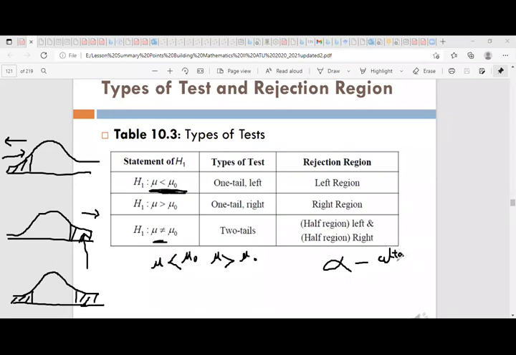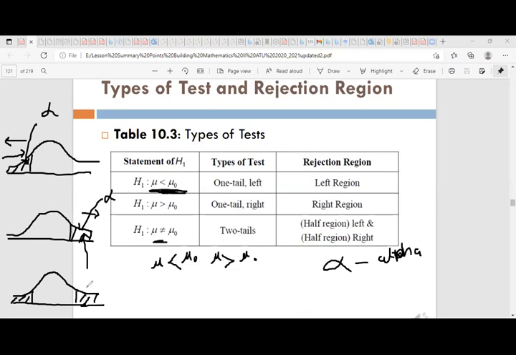Of rejection, in very simple terms. So for a left tail test, this is alpha. This is the total probability, alpha. For a right tail test, this is going to be what? Alpha. But for a two tail test, alpha has been split into two equal parts.